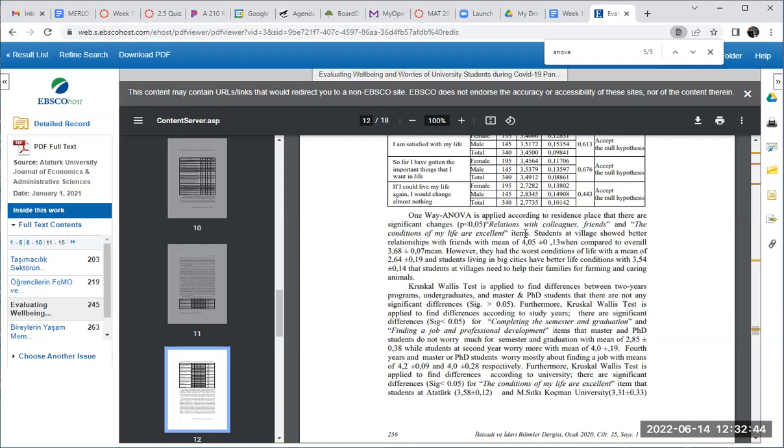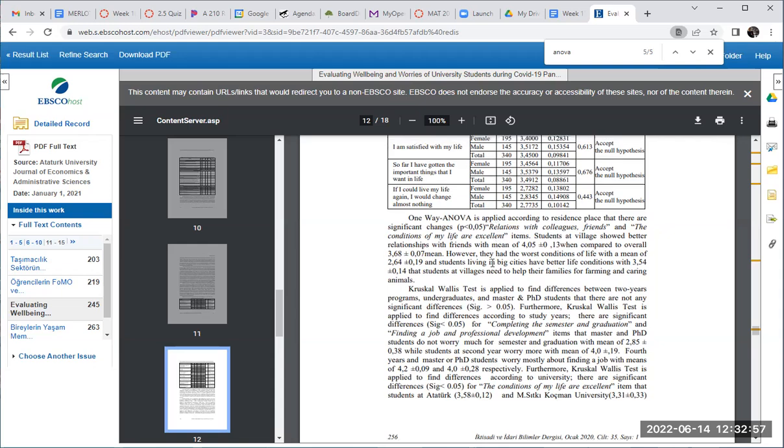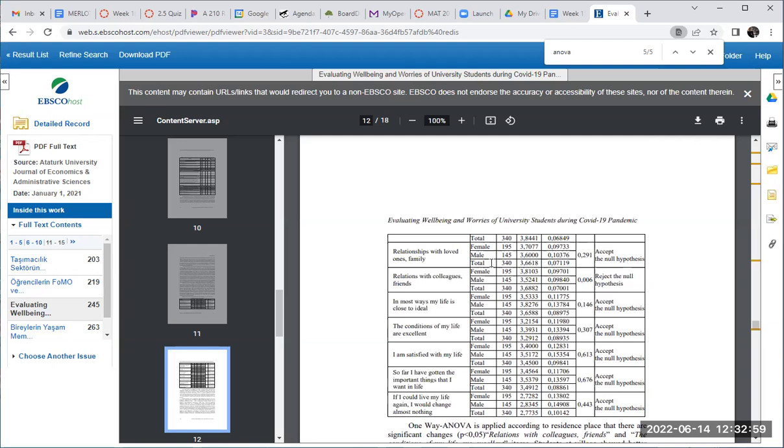Okay, so they looked at different, kind of like state, like I was talking about, but they were looking at different places where people are living. And they wanted to see, is there a difference between all the different things that they're looking at, okay, with COVID.